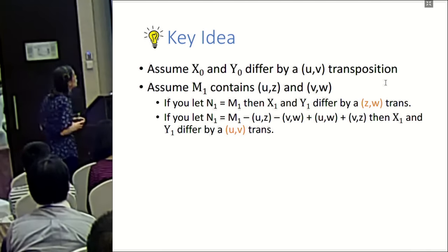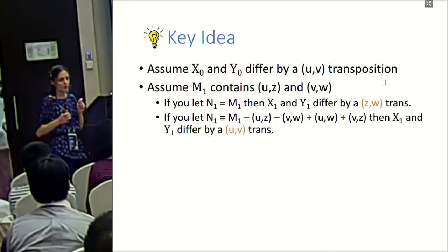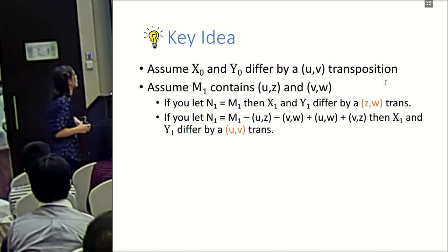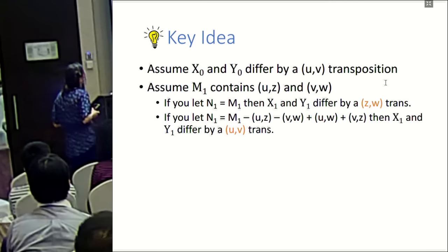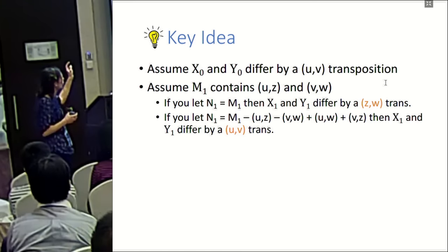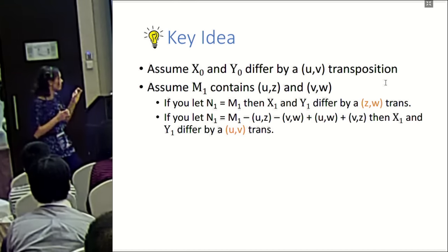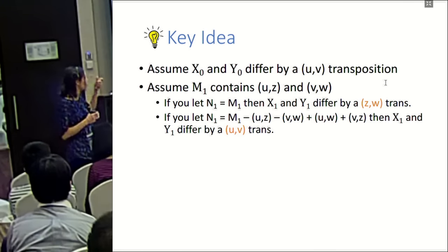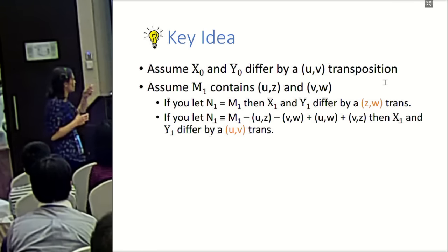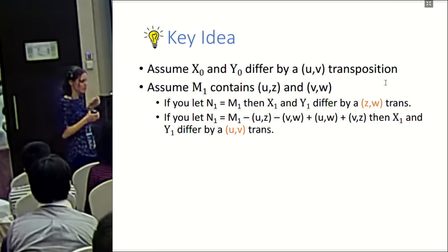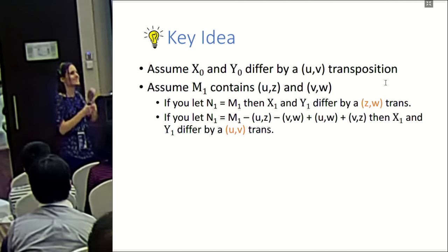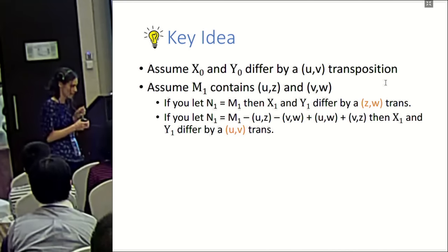So maybe u gets matched with z and v gets matched with w. And we can choose these two matchings so that after one step, they differ by the u-v transposition, but we can also choose the matching so that after one step, they differ by this z-w transposition.